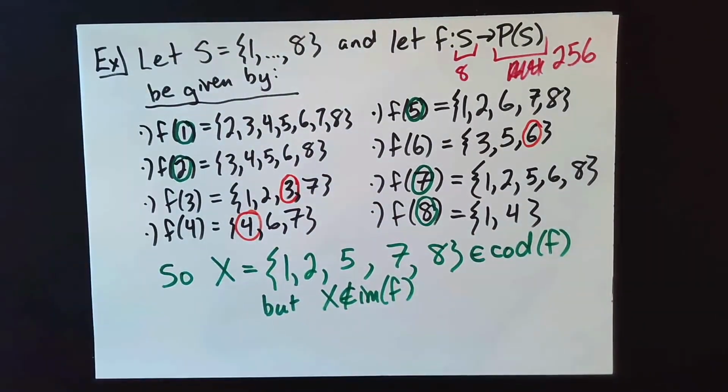And so what our proof has done is to very explicitly construct for us an element of the codomain that's not in the image, which seems like an impossible task given that you didn't know anything about the function to start with. But this proof lets us do this for any function from a set to its power set, regardless if that set is finite or infinite or what have you.